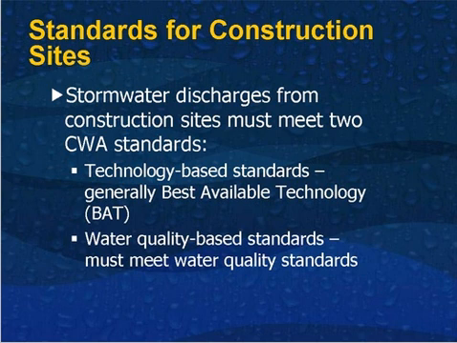If a stream segment is impaired for sediment or TSS, total suspended solids, we may have specific requirements for construction sites through that route as well. But generally, in our permits, we're handling those through a suite of BMPs that construction site operators are required to implement.